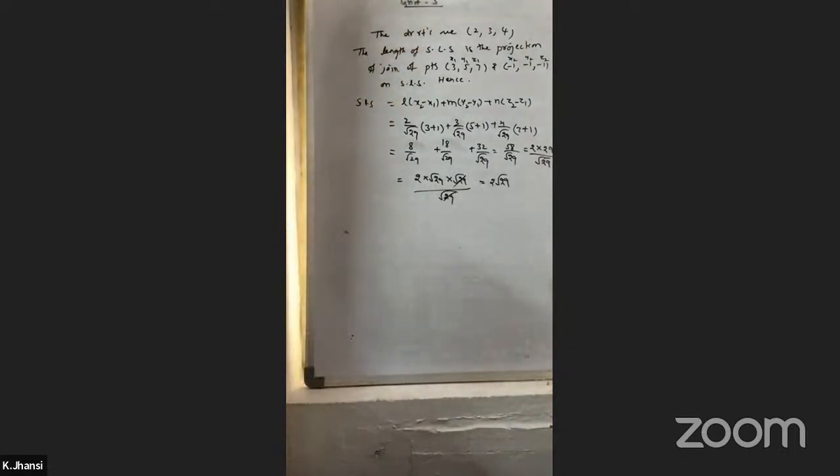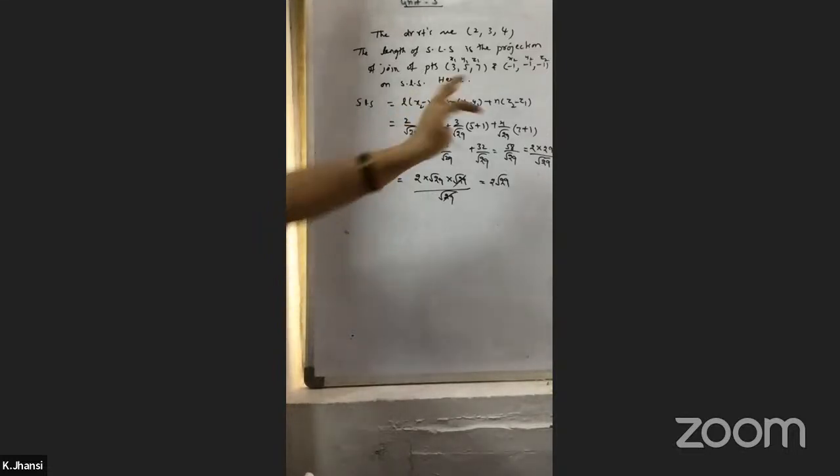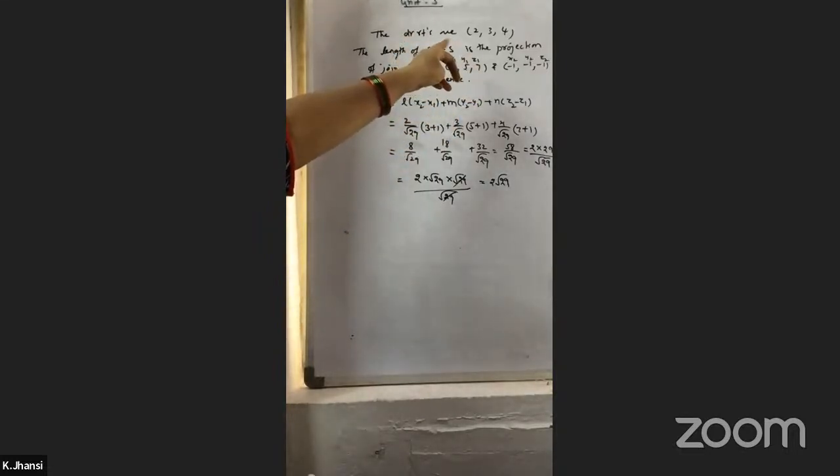Now we need to find the equations and also the points. For the equations, it is almost similar to how we did the coplanarity, but instead of l2, m2, n2, we write the direction ratios here, 2, 3, 4.